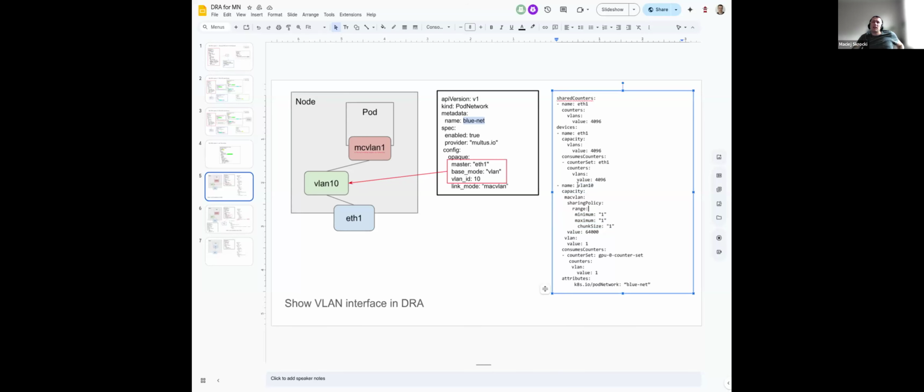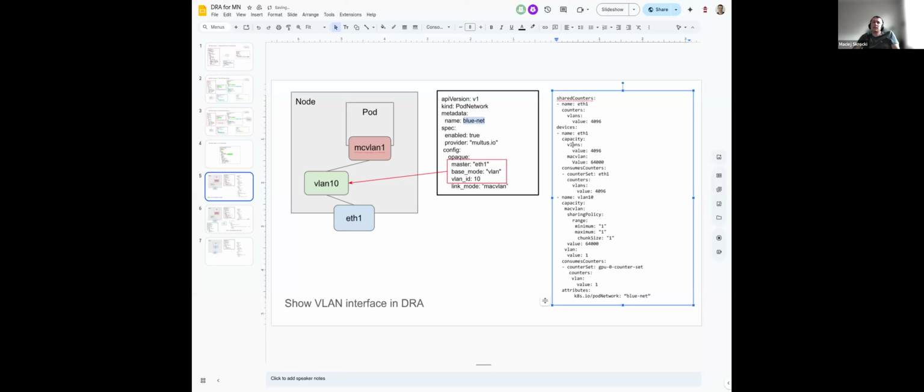You see what I'm saying? So basically what I'm thinking is ETH1 has capacity VLANs and have another capacity. Can I edit? Yeah, I can. So let's say this one has MAC-VLAN capacity as well. I'm not sure whether that's even possible though. But if I were to do that, this will be the 64K as well, right?